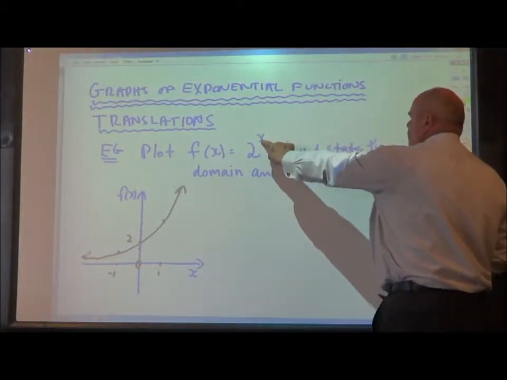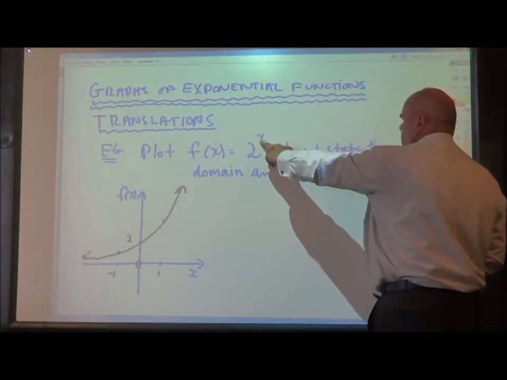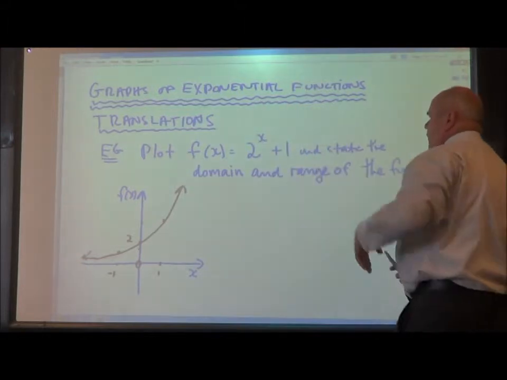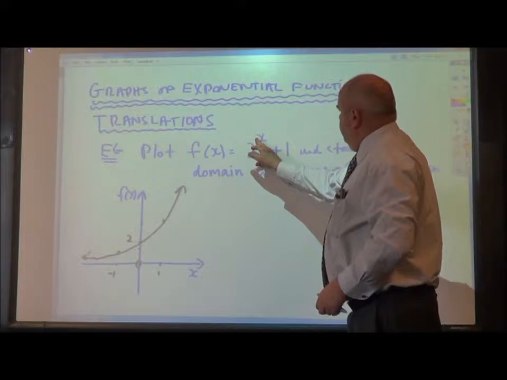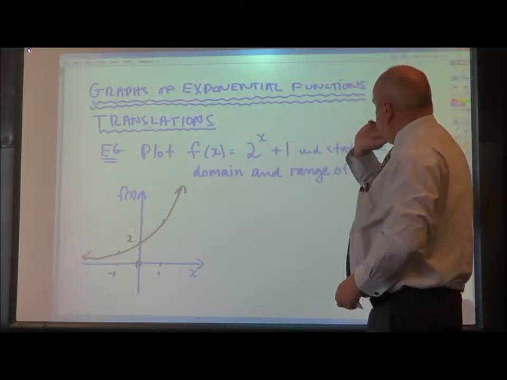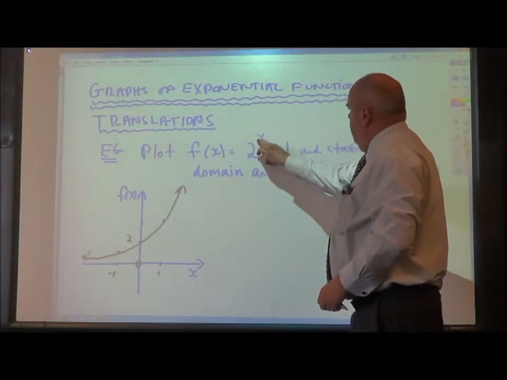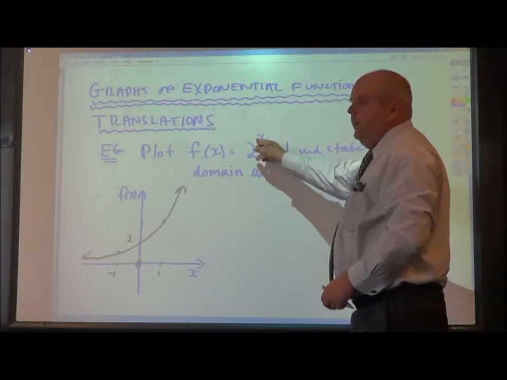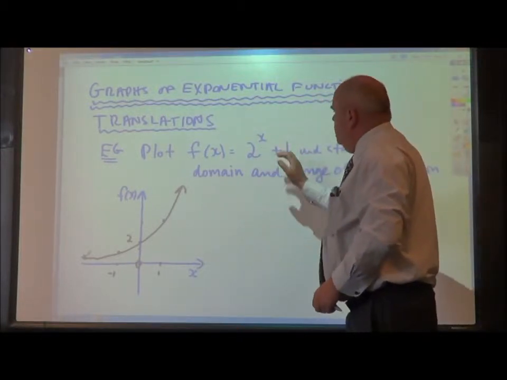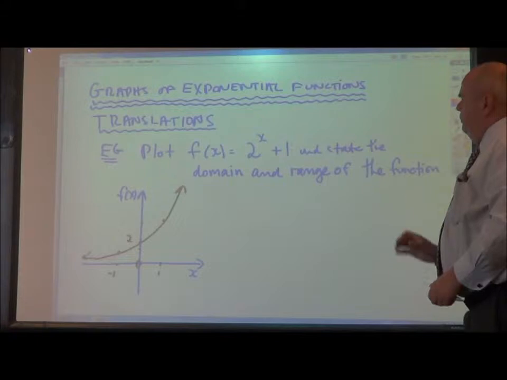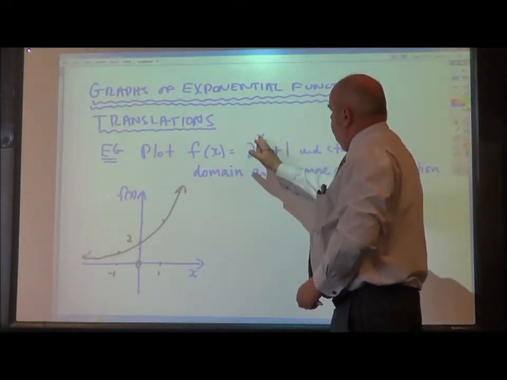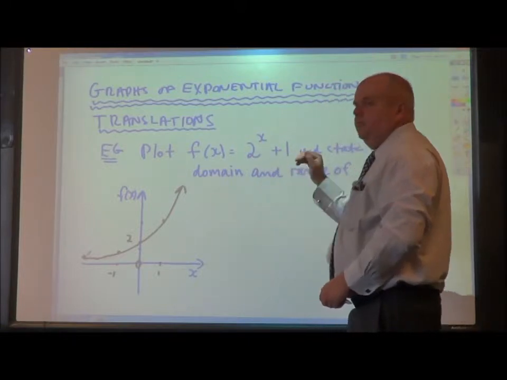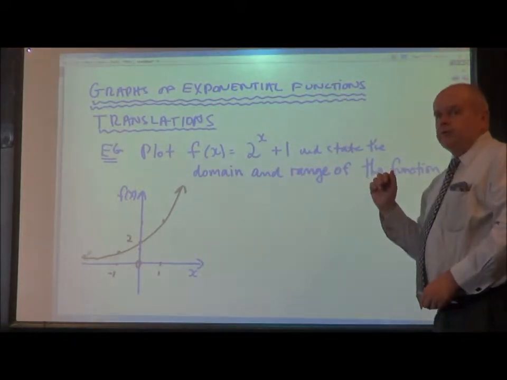It can equal any positive number, as small or as large as you like. 2 to the power of a billion is a very large number, plus 1, just a bit larger. Or even if it's negative, it's not a problem. 2 to the power of an extremely negative number is just a very small number, plus 1. Now that plus 1 is also telling me that my function is never going to be less than positive 1, isn't it?